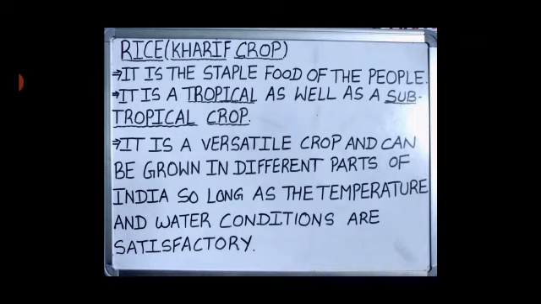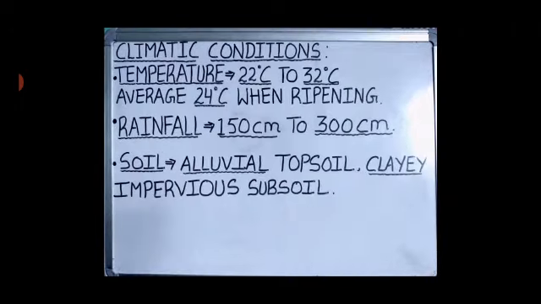Like it can be grown on different altitudes, from the hill terrace of Kashmir to lowland areas of Kerala in South India. Now see the climatic conditions for the cultivation of rice. It requires an average temperature of about 24 degrees Celsius when ripening, with a range between 22 degrees Celsius to 32 degrees Celsius.